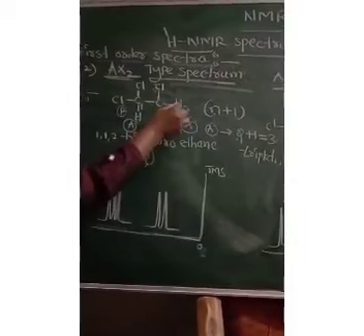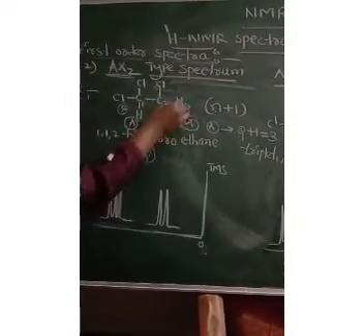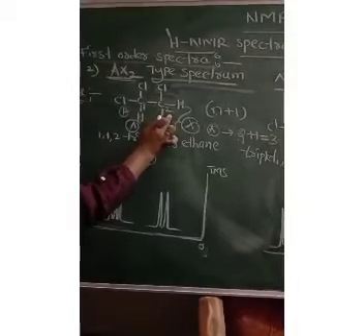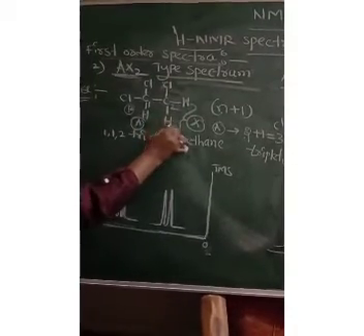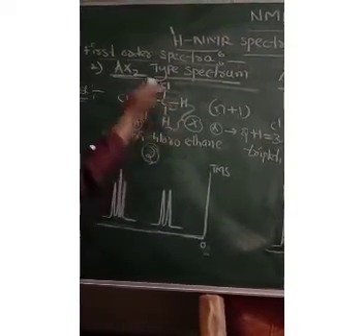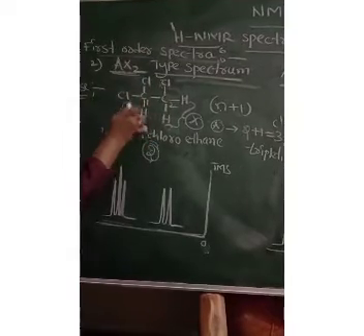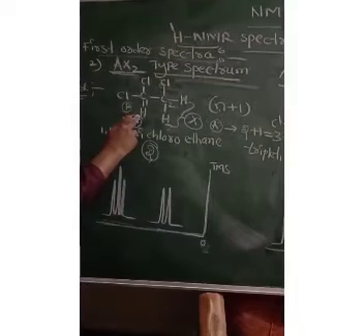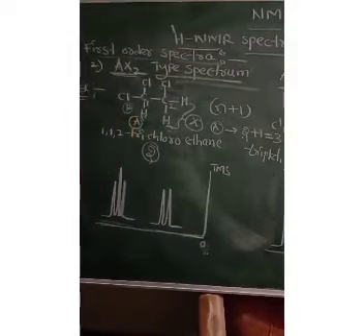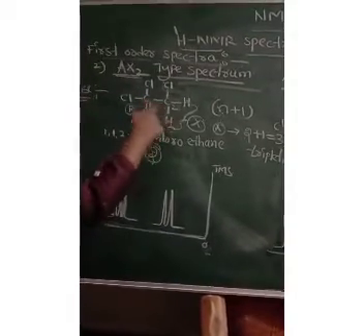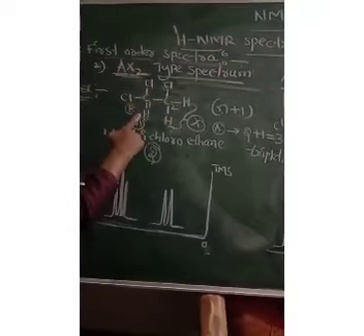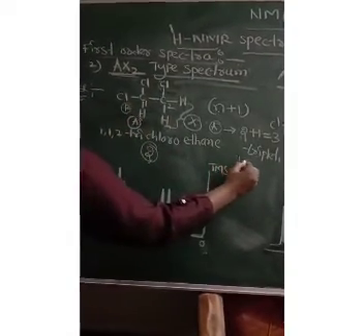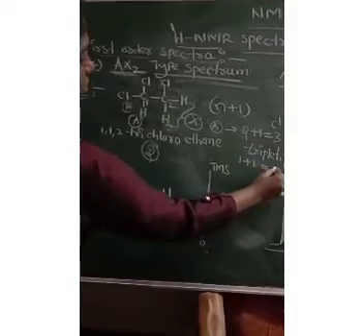Next, the X type of protons, of which 2 protons are present. For this X type of protons, for the splitting or multiplicity, with the reference proton, only 1 adjacent proton is present. So the number of neighboring protons is only 1, and according to the n+1 rule, 1 plus 1 equals 2.